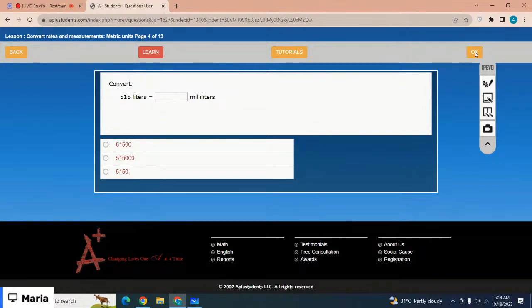515 liters equal how many milliliters? Which is the correct option? 1 liter equals 1000 milliliters, right?